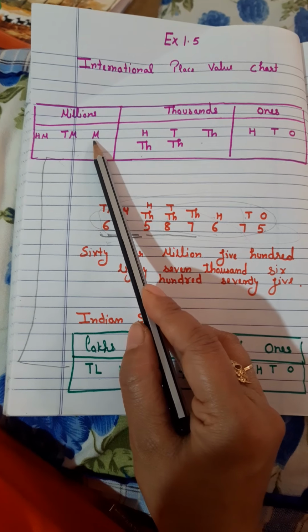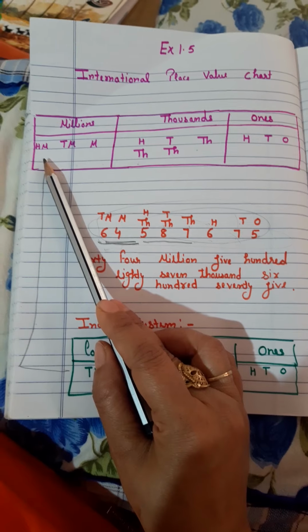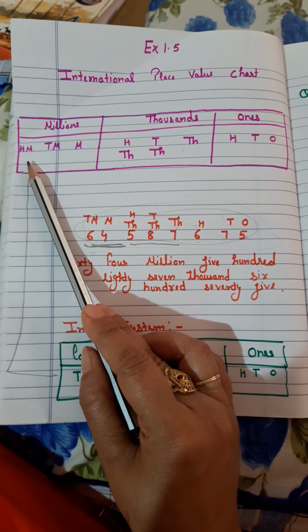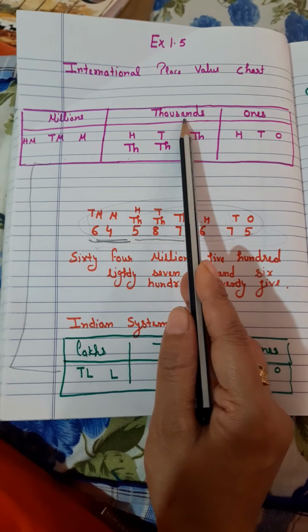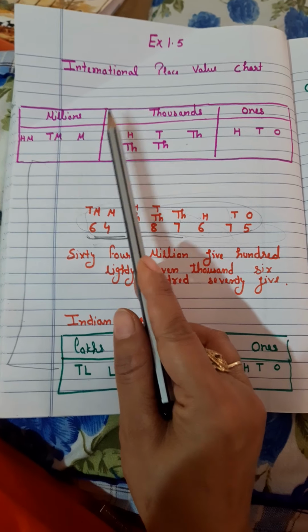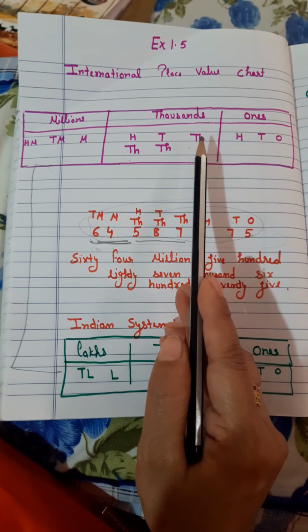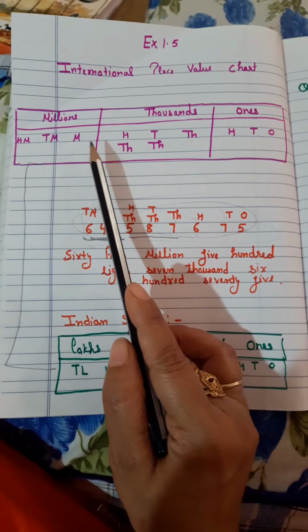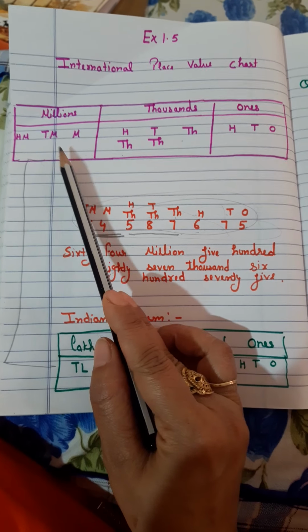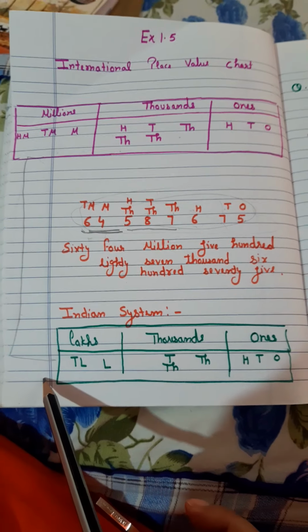And under millions we have millions, 10 millions and 100 millions. So what are the places and periods in the international system? Ones, thousands, millions are the periods, and the places are ones, tens, hundreds, thousands, 10,000s, 100,000s, millions, 10 millions and 100 millions.